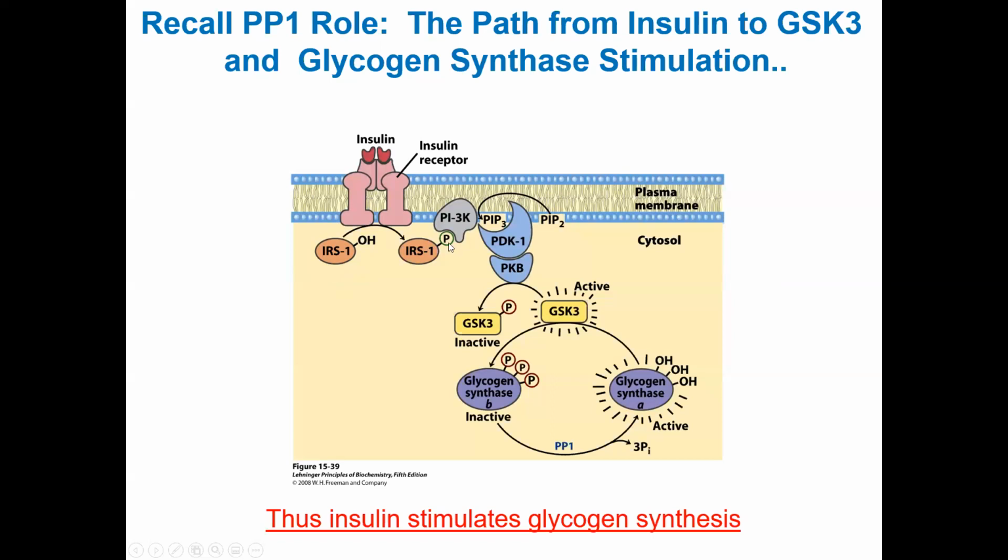Once insulin receptor substrate is phosphorylated, it will bind to this enzyme called phosphatidyl inositol 3 kinase, PI3 kinase. What PI3 kinase will do is take PIP2 and convert it to PIP3.